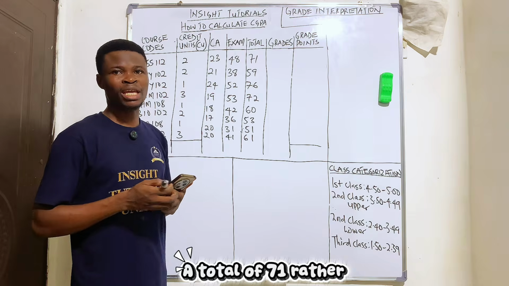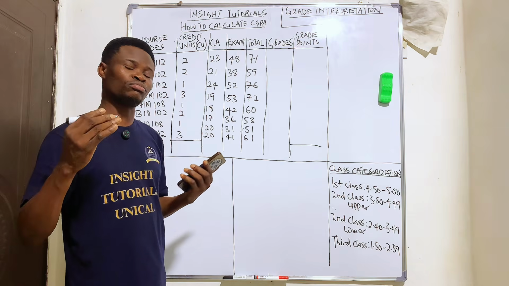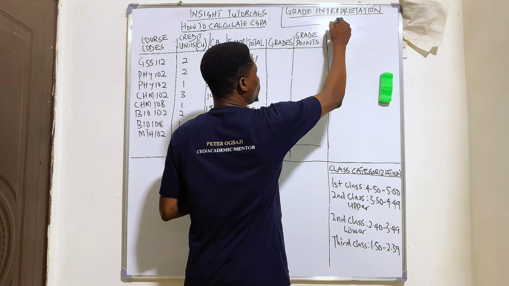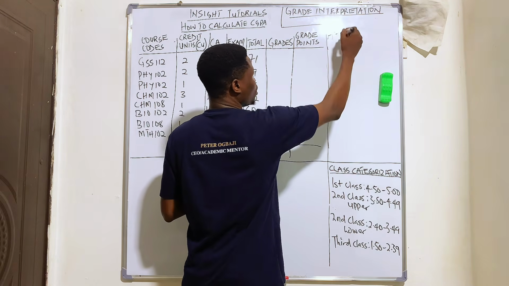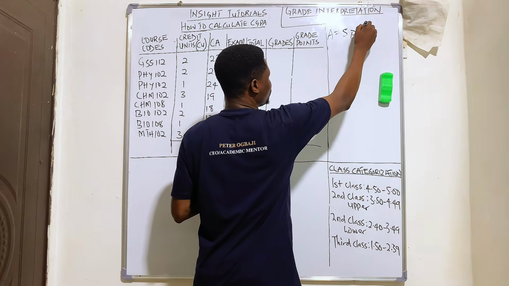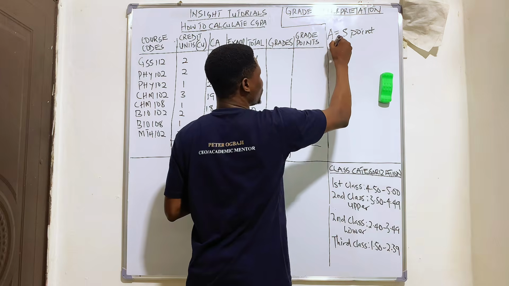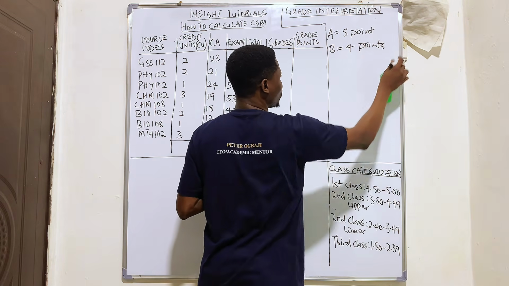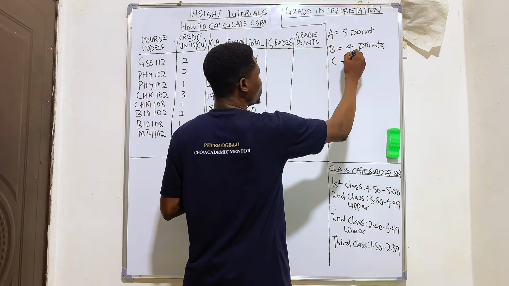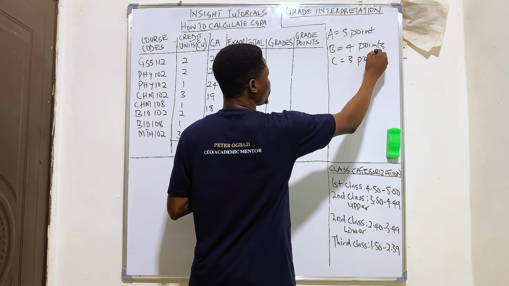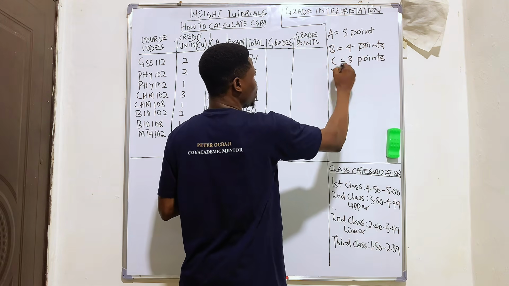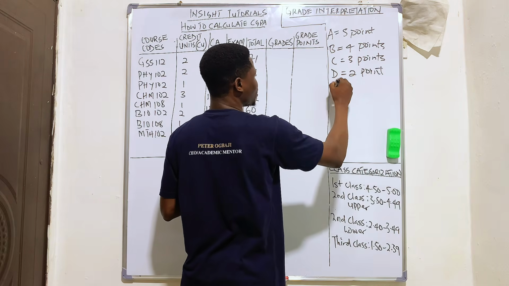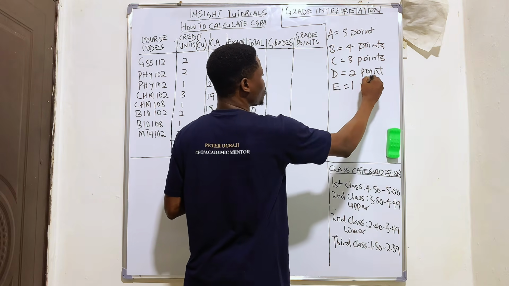Now, in the Unica grading system, anyone that has a grade of A has 5 points. If you have a B grade, you have 4 points. If you have a C grade, you have 3 points. If you have a D grade, you have 2 points. If you have an E grade, you have 1 point.